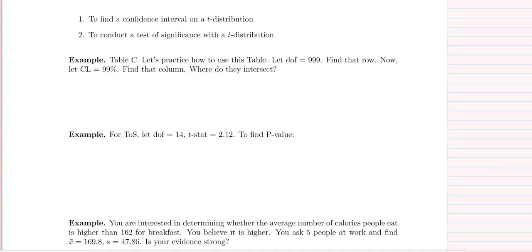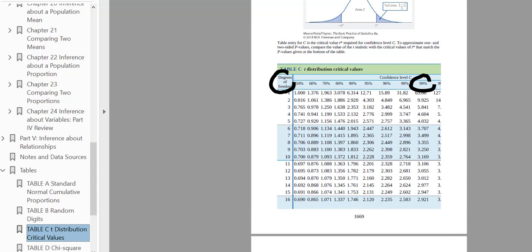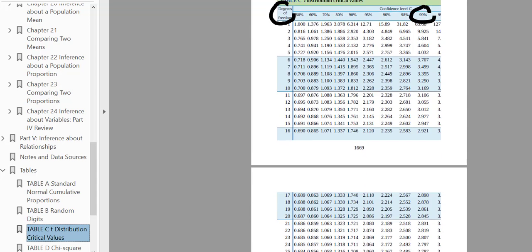It's very similar to how we were using the table before. So we want to find the 99%. We see that it's this column here. And now we want to use the column on the left, which designates degrees of freedom. So we're looking for 999.